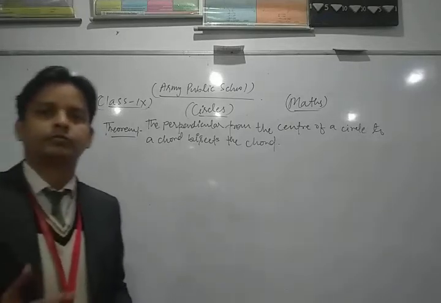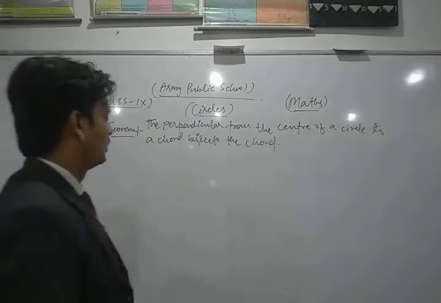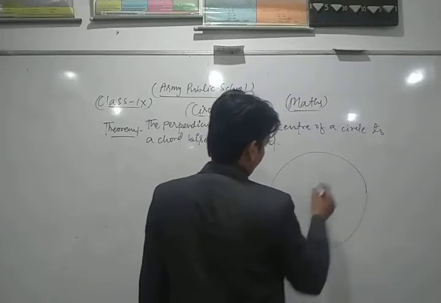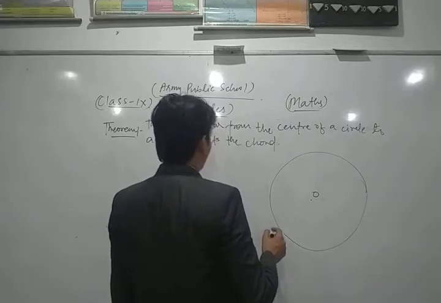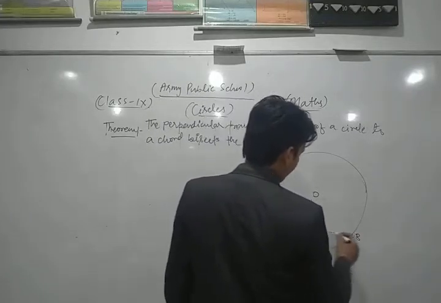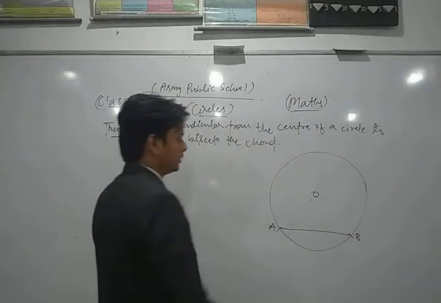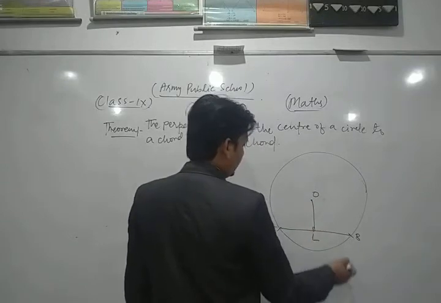Now look, first of all we draw a circle with center O and a chord. We take A and B as any two points on the circle and join them. So this is the chord. And suppose that we draw OL perpendicular to AB.